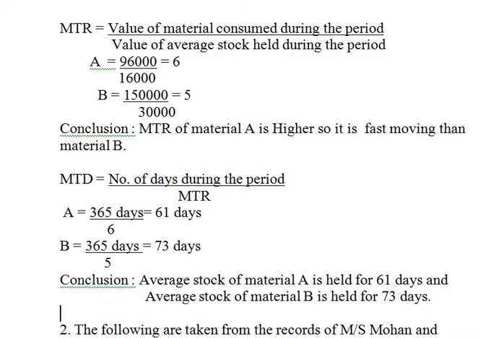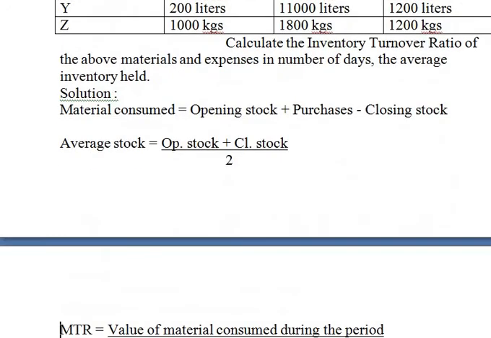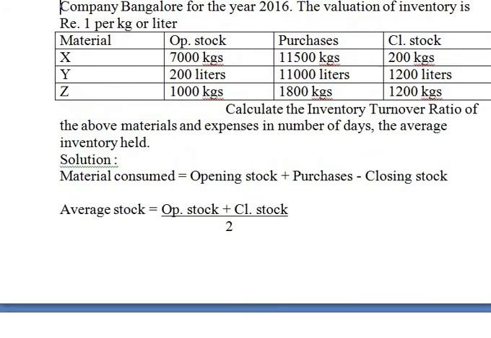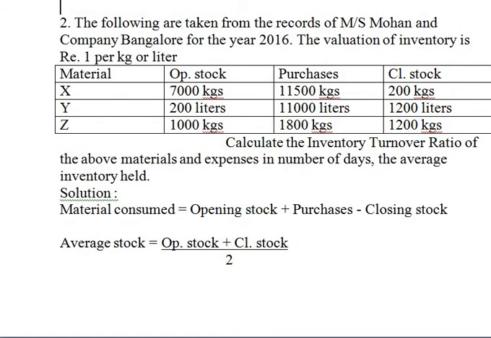Okay, we will solve another problem of this similar type, wherein 3 materials are given. I'll read it out. The following are taken from the records of Messrs. Mohan and Company, Bangalore for the year 2016. The value of inventory is rupee 1 per kg or liter.